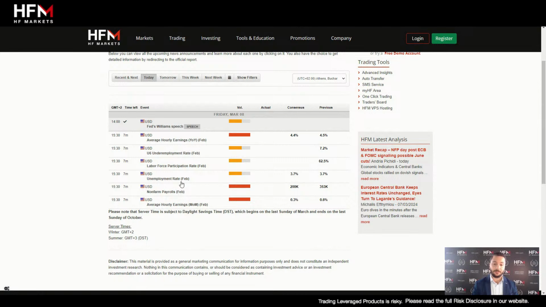Of course, we should keep in mind that if we're going to see a very different outcome to that which is expected, as per the previous month, this month as well is expected to remain unchanged. If we do get something very different, of course, that can create a lot of volatility. And in 7 minutes' time, when the announcement is actually released, of course, we will look at that and what it means for the financial trading markets.